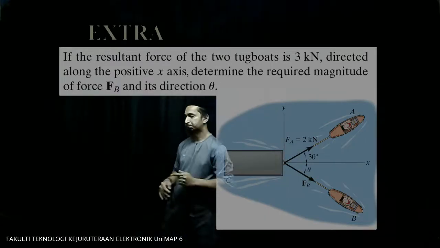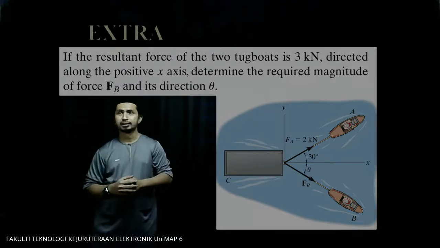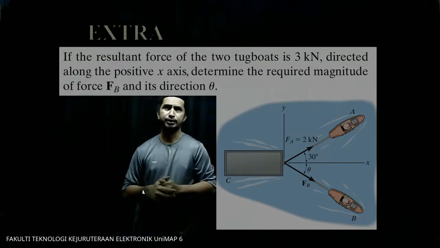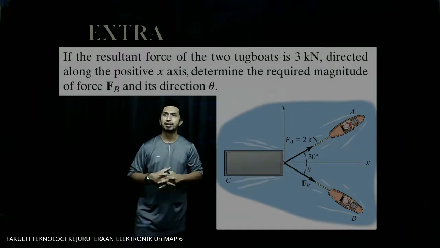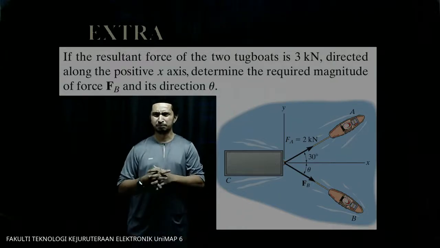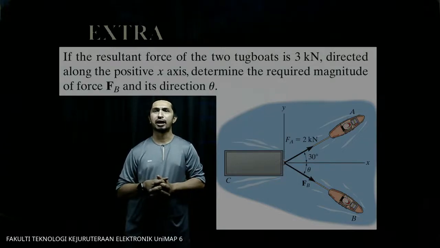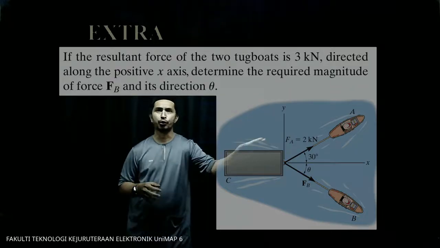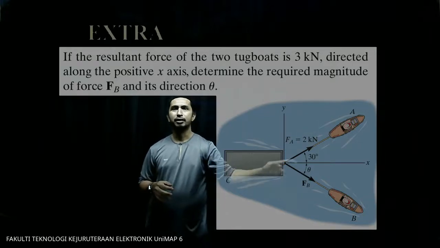Now we move to the next example that relates to vectors. If the resultant force of the two tugboats, boat tarik, is 3 kilonewton, directed along the positive x-axis, determine the required magnitude of force FB and its direction theta. So we have two tugboats, boat A and boat B. Nampak kat sini?